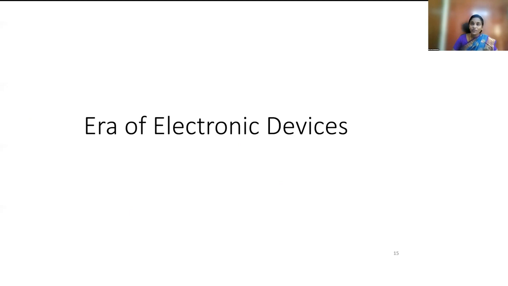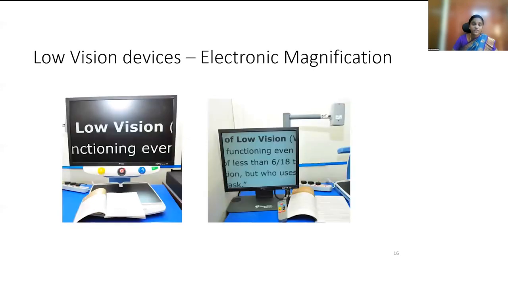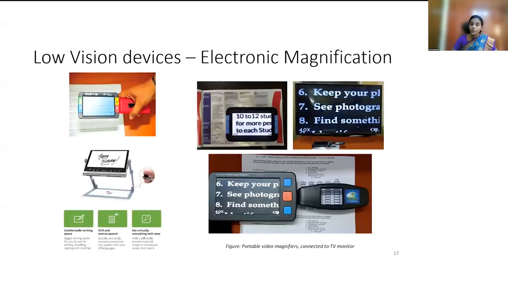Then, after the non-optical and optical devices, there came an era of electronic devices, some of which are desktop mounted, can be slightly bulky, and are not portable. But when it comes to portable video magnifiers, these have become the commonest prescribed and accepted devices because of the sophistication, portability, and the ability to change the contrast and magnification settings.